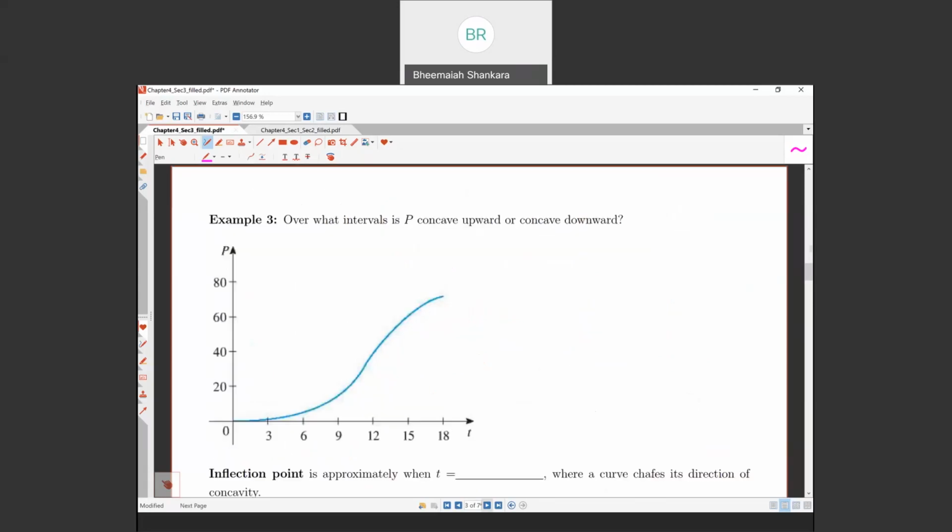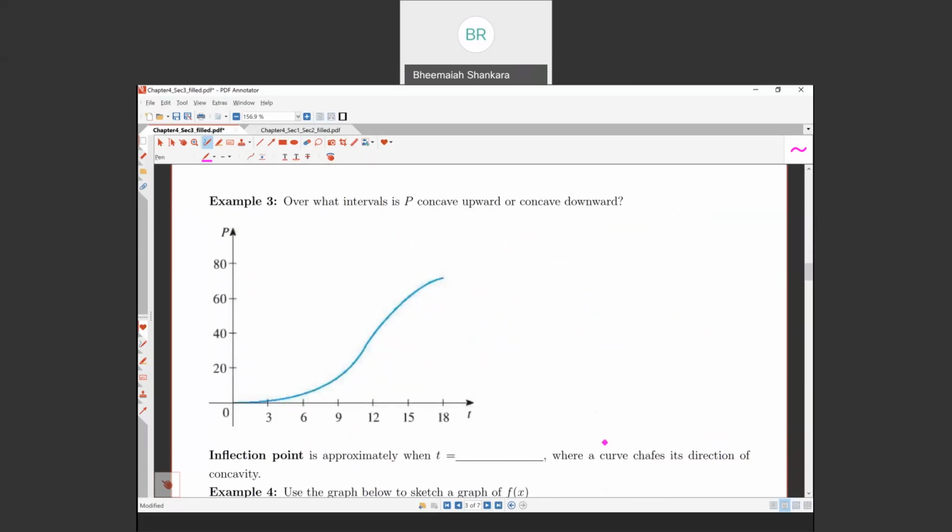So in the next example, on what intervals is the function p concave upward or concave downward? So the graph is the graph of the function p. Now I want you to observe this particular pattern of the curve which goes like this. I'm redrawing this curve, it goes like this. So if you try to finish this curve on the left, we are not sure what's going to happen.